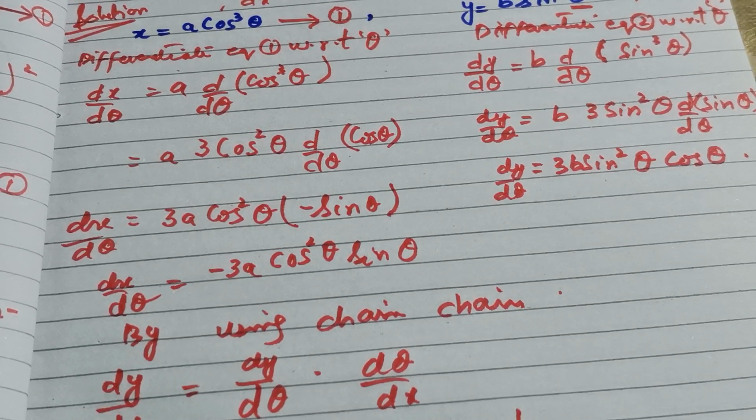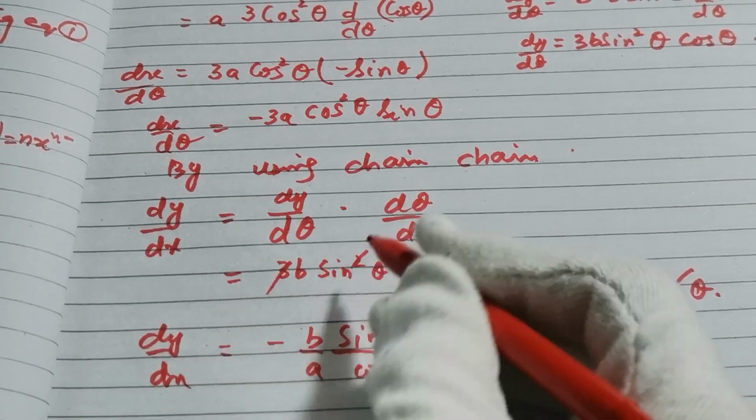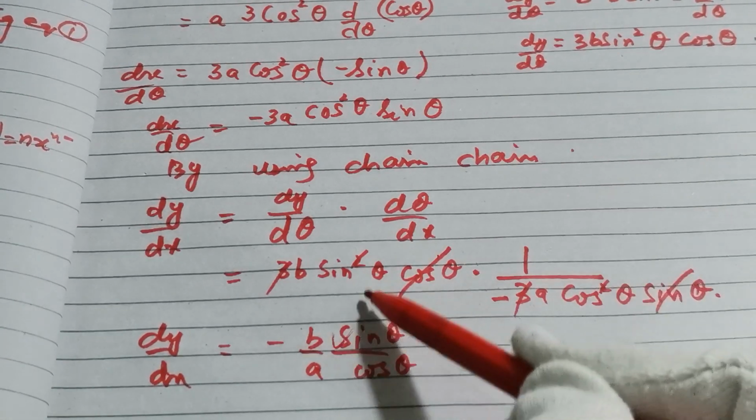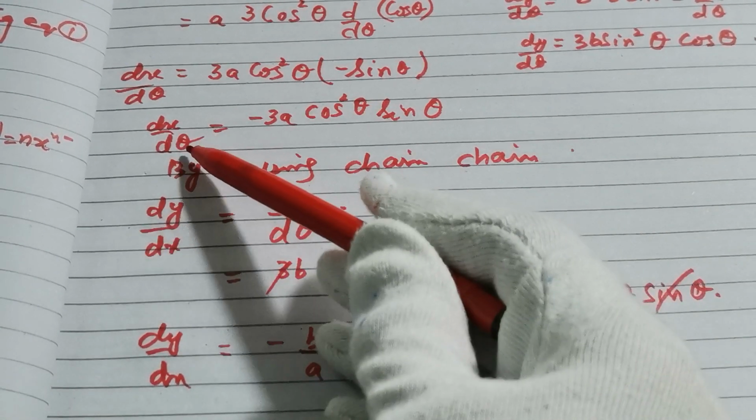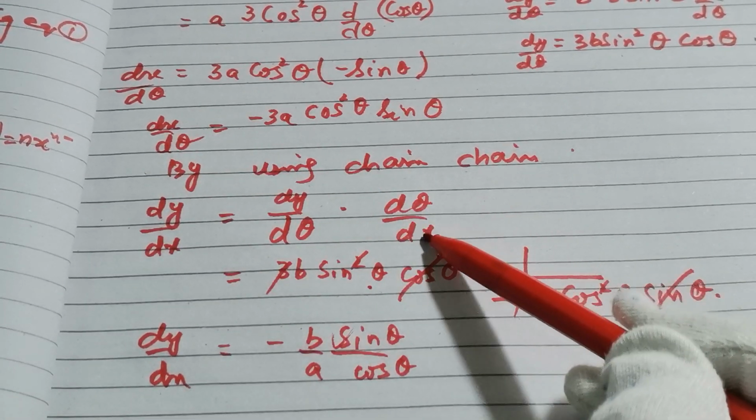3 cancels, cos theta cancels, sin theta cancels. What is left? Minus b by a sin theta divided by cos theta. Sorry, let me redo it: dy by d theta is equal to 3b sin square theta cos theta, and this is dx by d theta, but according to the chain rule we need d theta by dx.